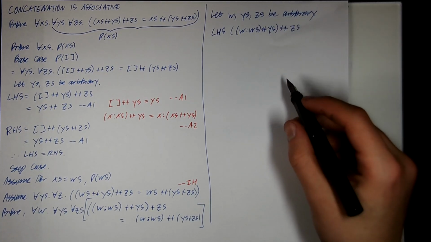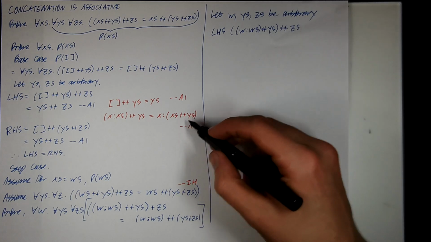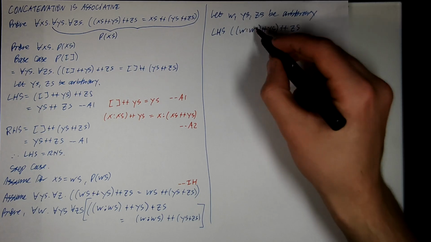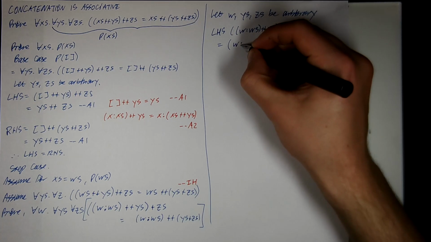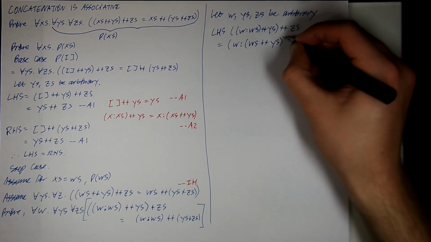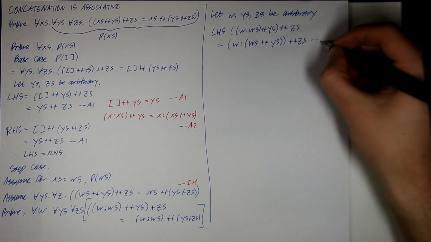Okay, so what can I use to help me here? I can use the rule A2, so I can take the w out of the cons here. So this is going to be (w cons (ws concat ys)) concat zs. That's by rule A2.